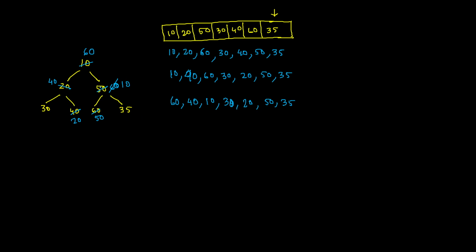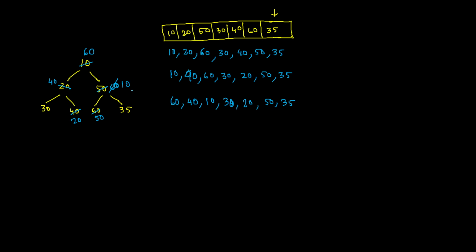So you must ensure after swapping, if the child is not a leaf node, then you should check the corresponding children of the new value, whether they are following the rule of max heap or not. And in this situation we can see that 10 is not following the rule of max heap, 10 and 50 and 35, because the child value is greater than its parent.